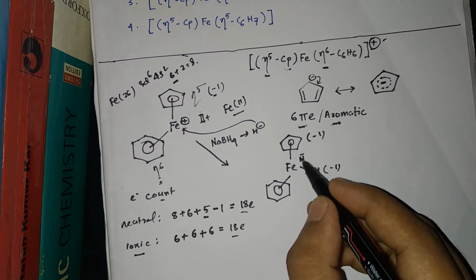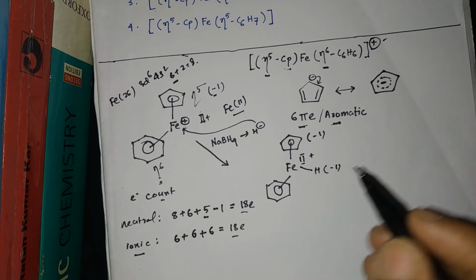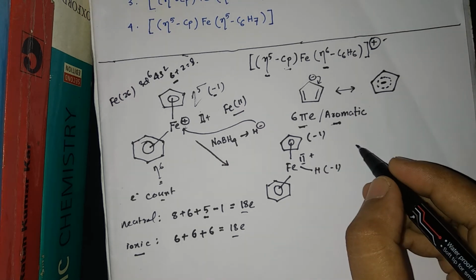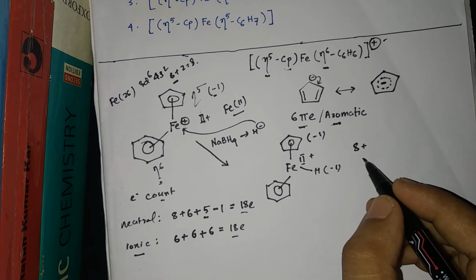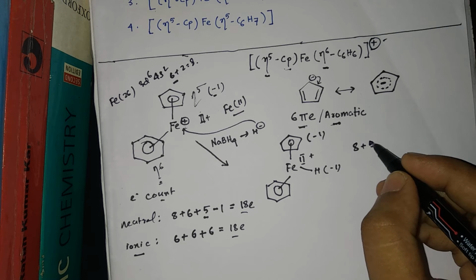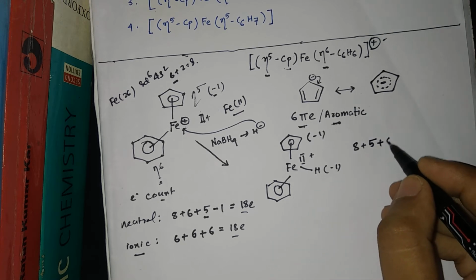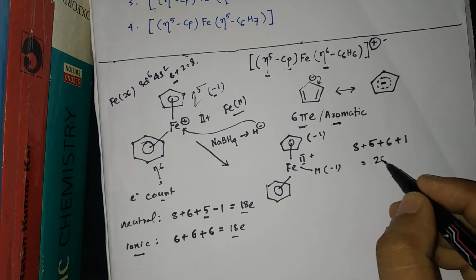So iron is +2 in oxidation state. What is the electron count of this? I am doing the neutral method, which I prefer. Iron will give 8 electrons, Cp will give 5 electrons, this will give 6 electrons, and this hydride will give 1 electron. So it will be a 20 electron system.